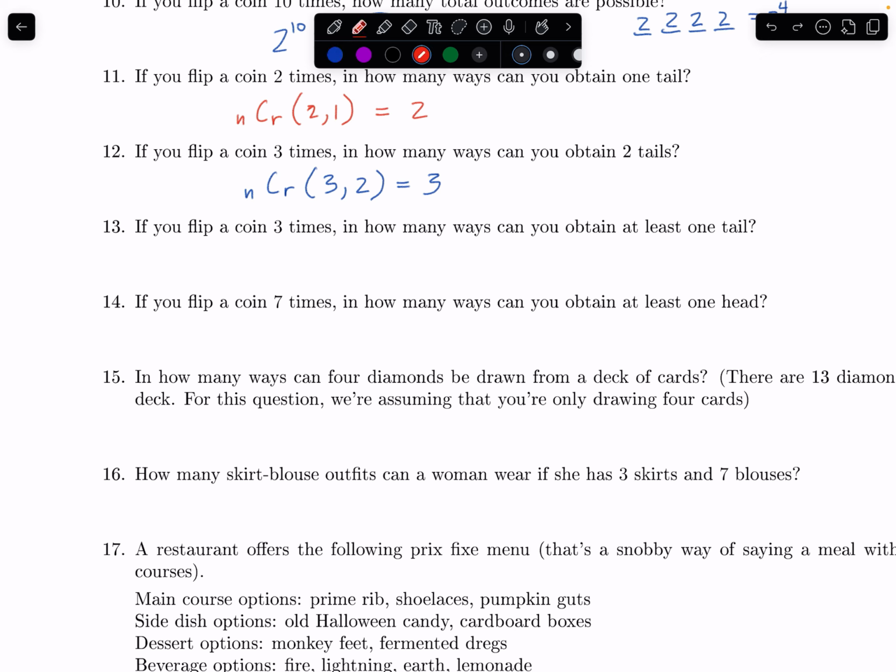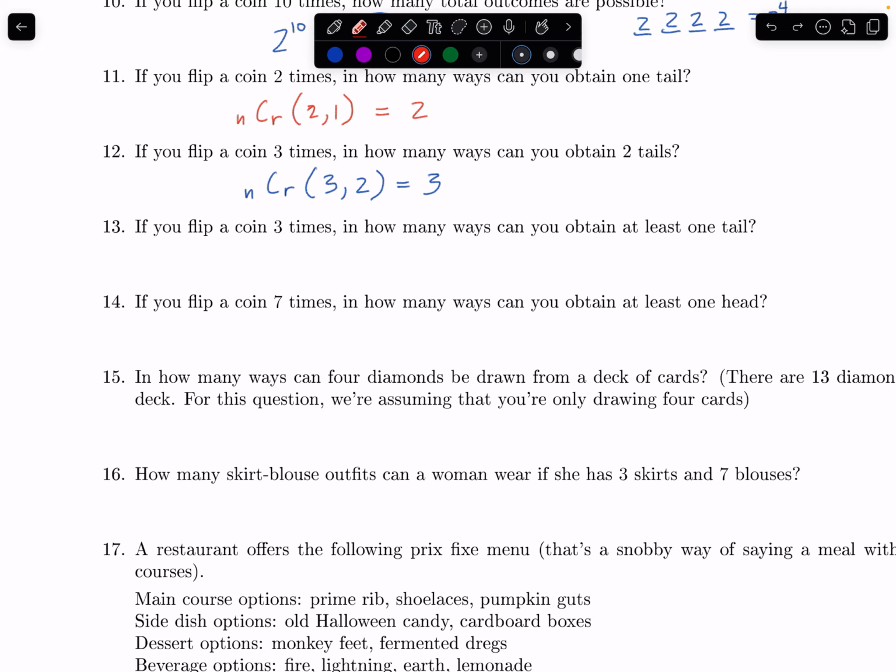All right, number 13: if you flip a coin 3 times, in how many ways can you obtain at least 1 tail? Oh, interesting question. There are 2 ways to solve this. I'll show you the more direct way first, and then I'll show you the faster way second. So, direct way.